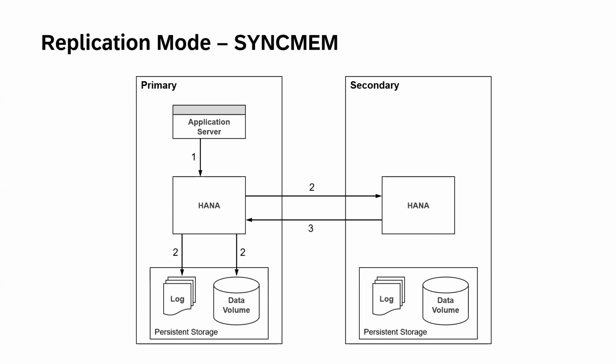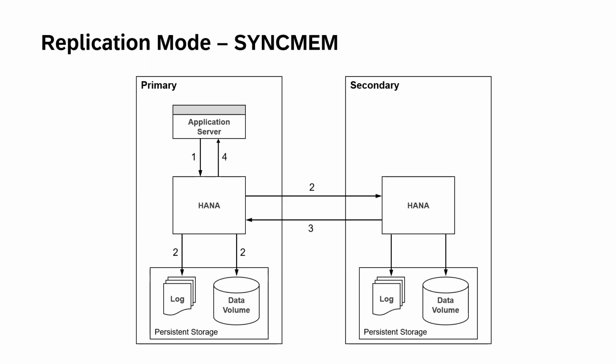As soon as it receives the information packet in its memory, it sends an acknowledgement that it has received the information. Then the acknowledgement is sent to the application server that your data has been saved, and meanwhile the secondary server starts writing the information to its own data volume and log segment.